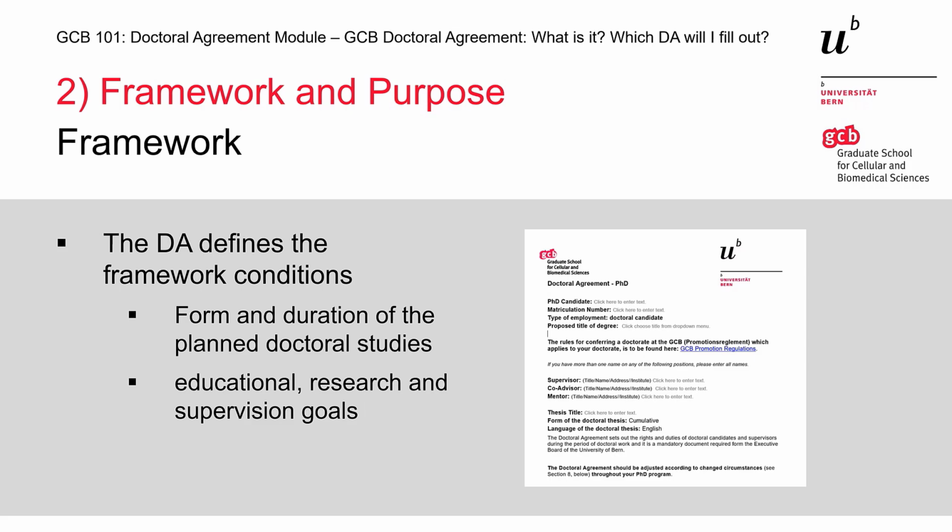Step 2. Framework and purpose of the GCB Doctoral Agreement. First part, Framework. On one hand, the DA defines the framework conditions such as form and duration of the planned doctoral studies, educational, research and supervision goals.